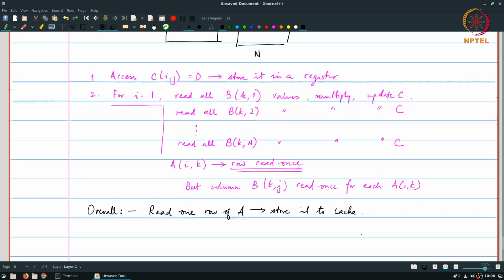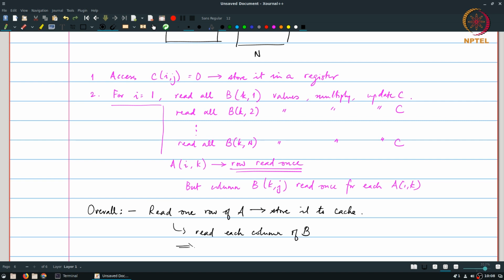But for this, I would then need to read each and every column of B. Now, if I need to read each and every column of B, and I have already assumed that the overall size of B is so large that I cannot store the entire thing into a cache memory, effectively what it means is that as and when I read the columns of B, I would need to throw out previously read columns. And then when I reach the next row of A, I would need to read in those columns of B one more time.